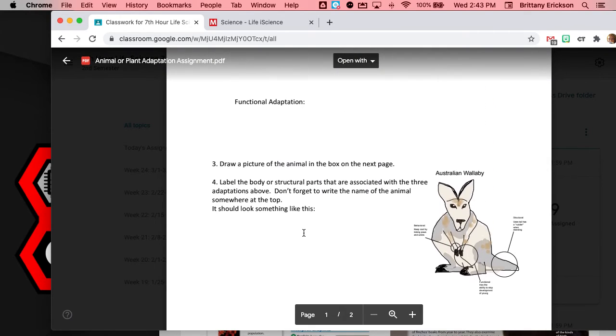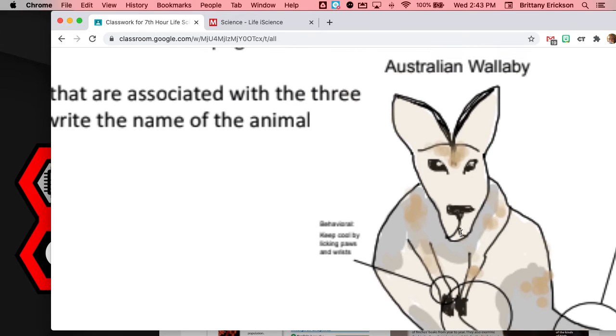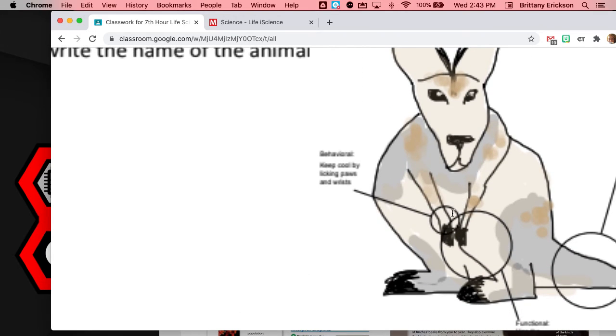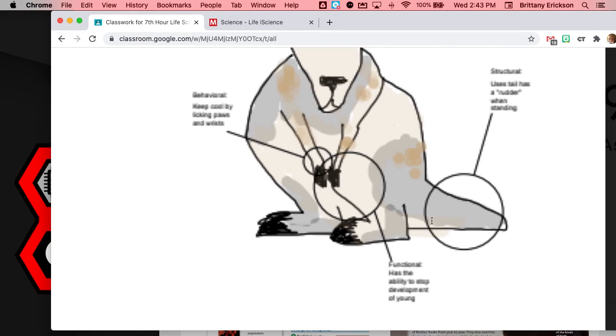Once you have your picture drawn, on it you're going to label where those adaptations are. Here's my Australian wallaby that I drew. There I labeled the behavioral: keeps cool by licking hands or paws and wrists. Down here, functional: has the ability to pause fetal development.